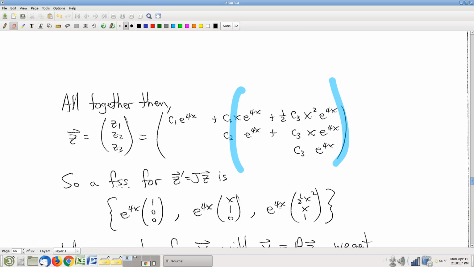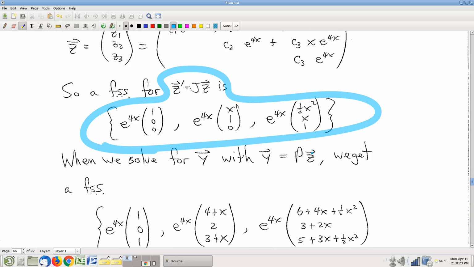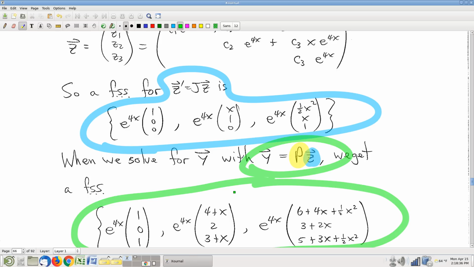Again, same story, right? We have to recall that each one of these Z's, you've got to multiply by the P matrix. Keep in mind, P has columns that are all eigenvectors, and in doing that multiplication, the Y's that you get are these.